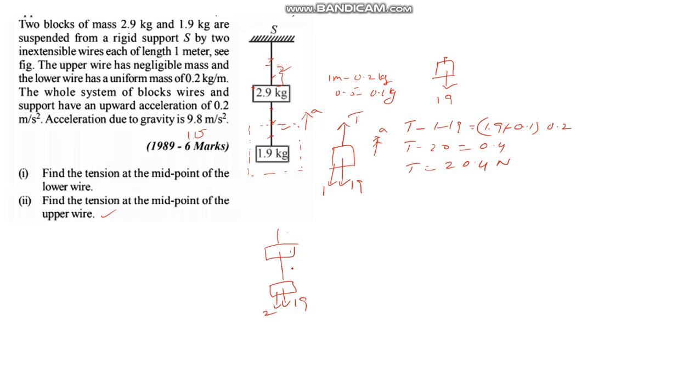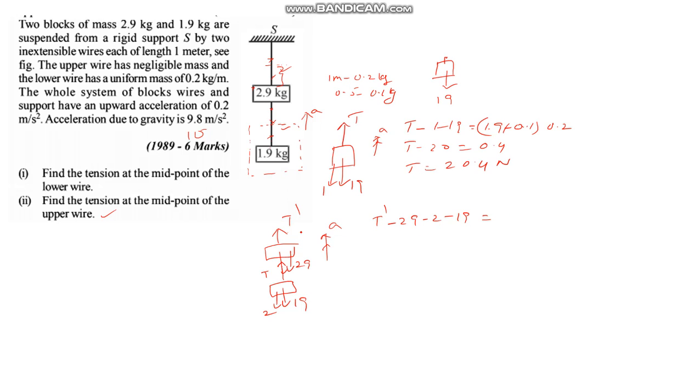So here 29 newtons is acting downward, and here T and T will be equal and opposite because we are considering the whole system now. Here let us say it is T dash. This whole system is going up with acceleration A. Because it is going up, T dash will be more. T dash minus 29 minus 2 minus 19 is equal to mass into acceleration.